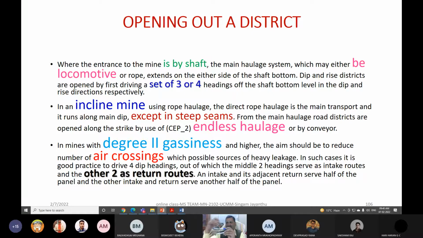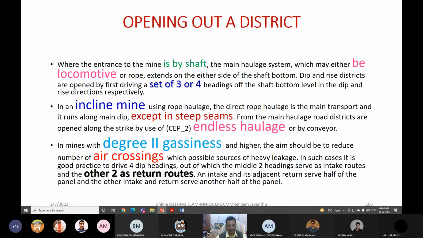One roadway I can use as a manway, a walkway for persons. Another may be only for rope haulage, and another only as a conveyor roadway for transporting coal or whatever it is. This is the way we can decide.